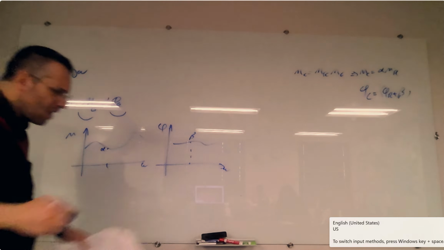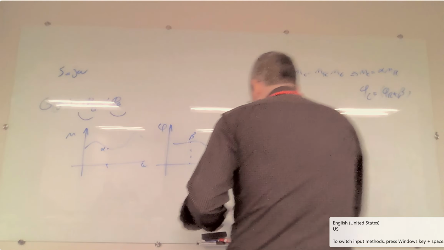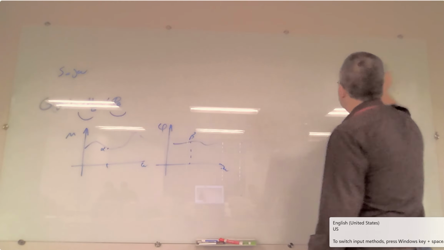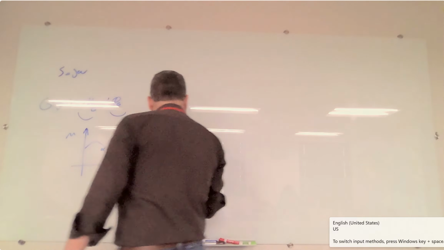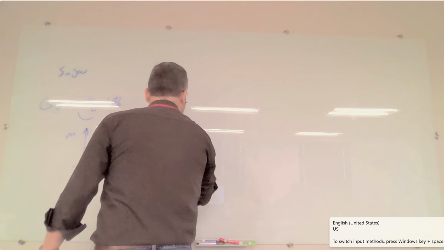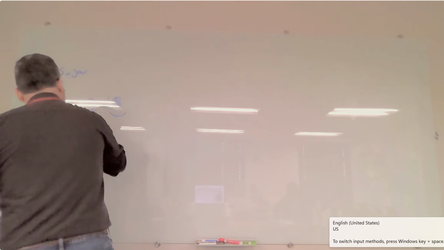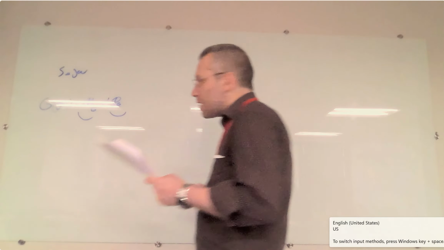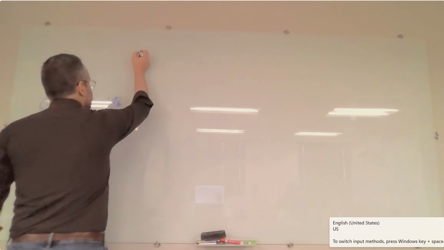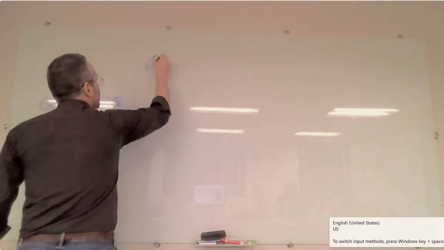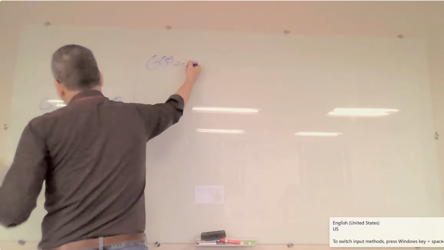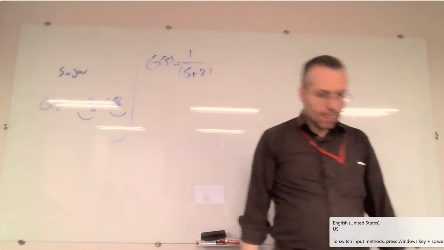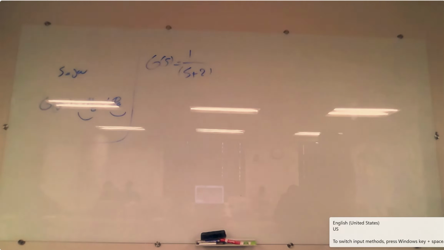Let's run an example to actually see what I mean by analyzing G and finding out what the behavior of our system is in response to different types of frequency. Let's say G of S, this is an example, okay? G of S is 1 over S plus 2. It's a very simple transfer function to have.